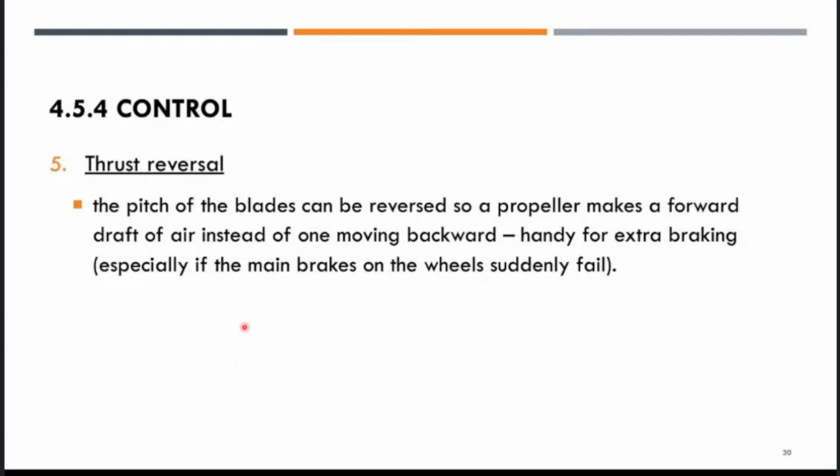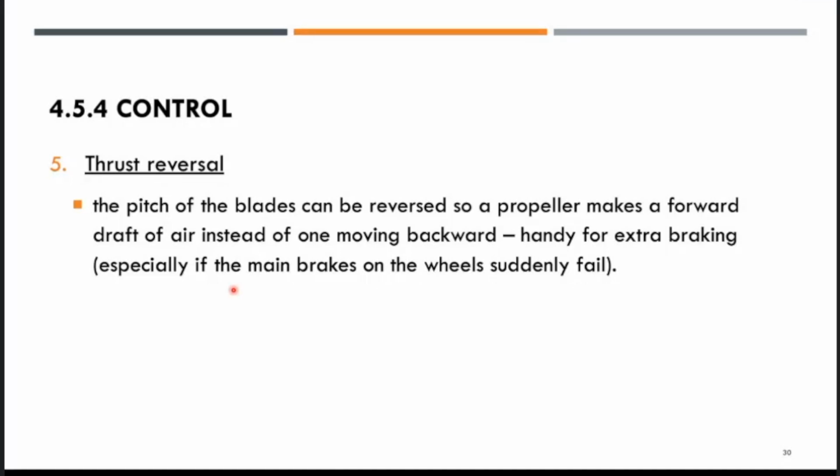Then, in terms of the control of thrust reversal, the pitch of the blades can also be reversed. So the propeller makes a forward draft of air instead of one moving backward, helping for extra braking. Normally turboprop aircraft can produce reverse thrust.